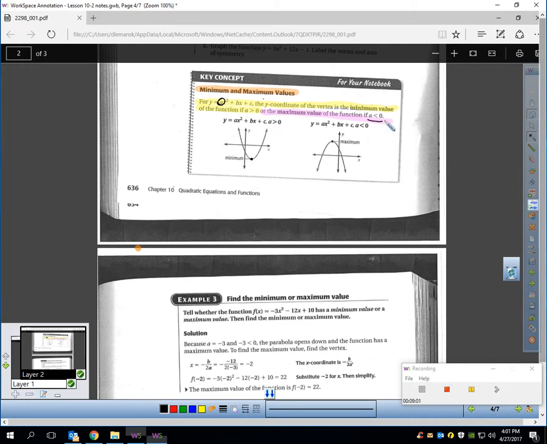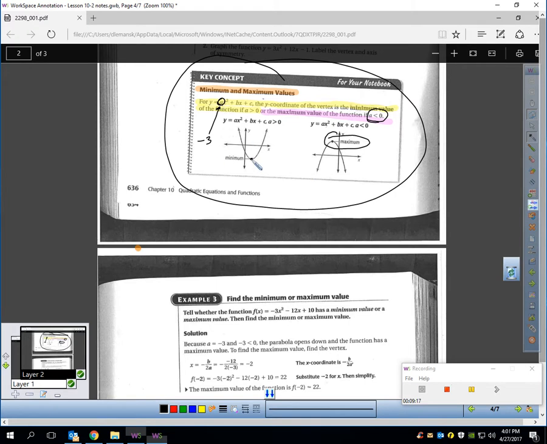If a is less than 0, so in other words, if the number in front is a negative, like -3, that means the parabola opens down, and if the parabola opens down, it's got to have a maximum. That's what this box is telling you. If a is positive, I will have a minimum on my parabola. If my a value is negative, I'm going to have a maximum.